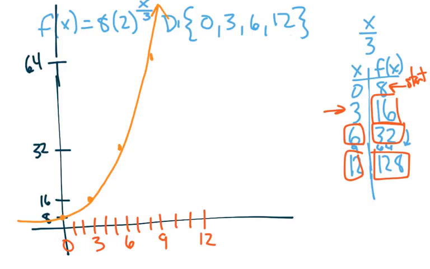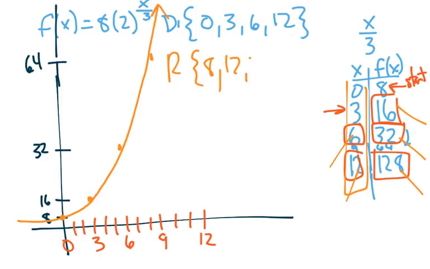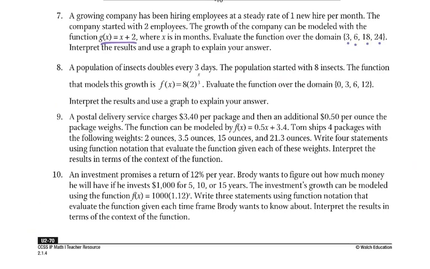There we go, so that's number 8, what you guys should have answered. I just used it verbally, but you'll need to write down what these meant and what the range meant.